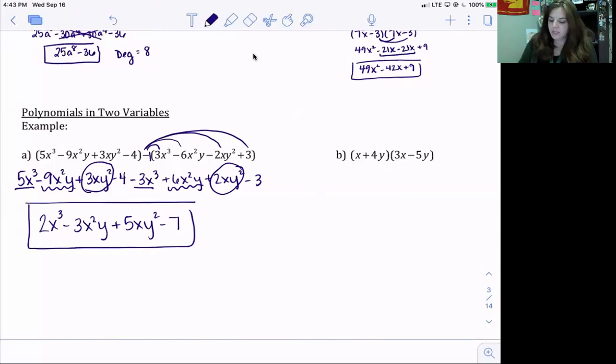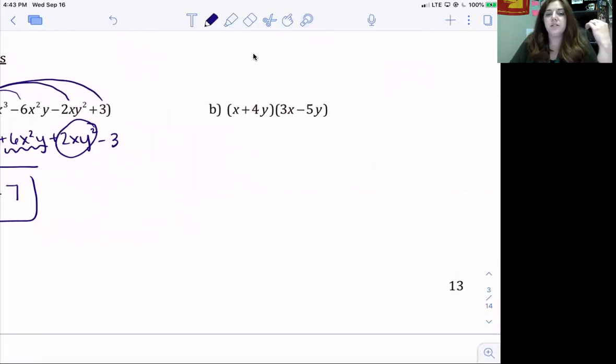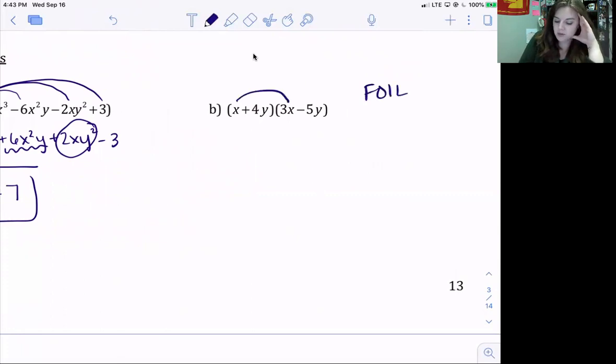Okay, then looking at B, we have a binomial times a binomial again, so we can just FOIL like normal. So we have x times 3x, which gives us 3x squared. We have x times negative 5y, which is a negative 5xy. 4y times 3x is a positive 12xy.